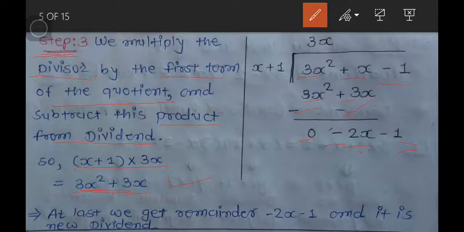So here you can see that at last we get the remainder minus 2x minus 1, and now it is our new dividend. We assume it as our new dividend, and we now proceed on it.